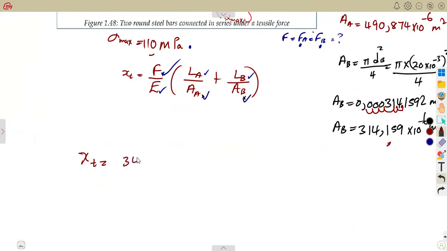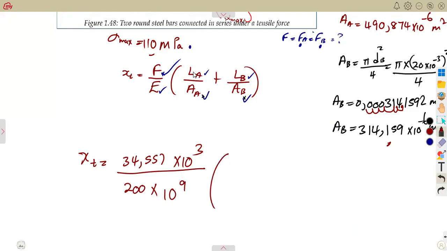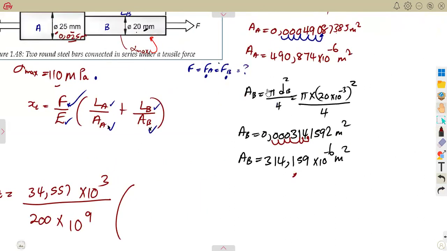So first, 34,557 times 10 to the exponent of 3 over our Young's modulus, which is 200 gigapascal, times 10 to the exponent of 9, into length over area. Length at A, area at A. That is why we had to calculate these areas.